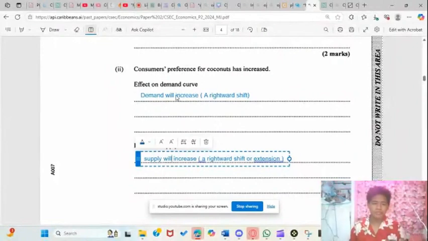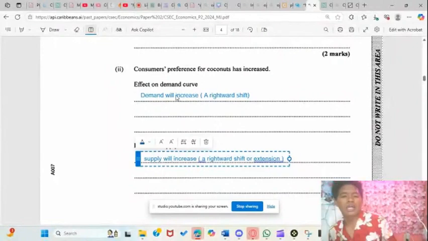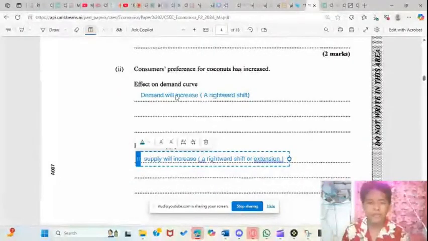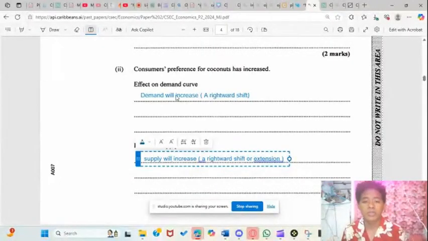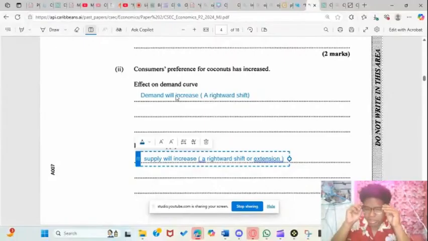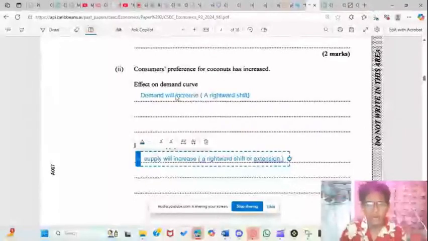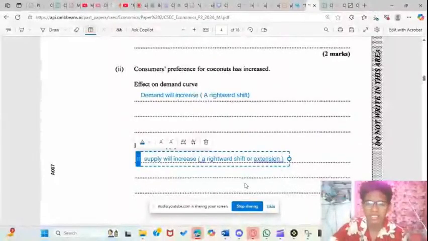If consumers' preference for coconut has increased, that will likely increase the demand curve and cause a rightward shift. And because of more purchases, the supply curve will increase, or that will cause an extension of supply.